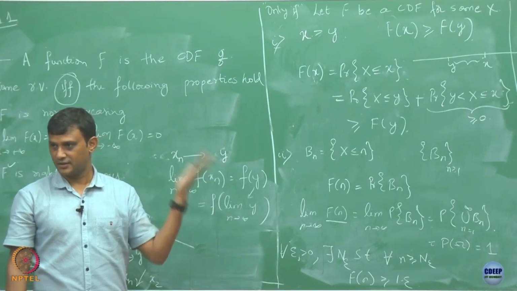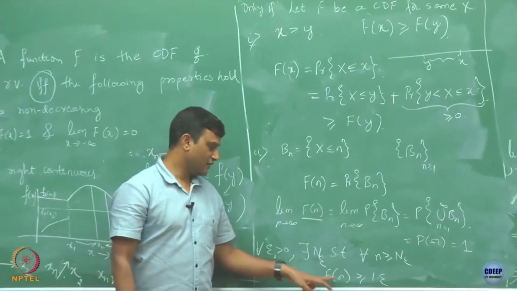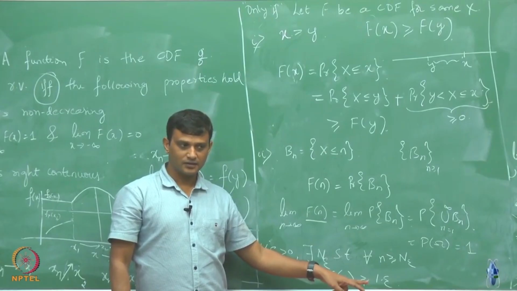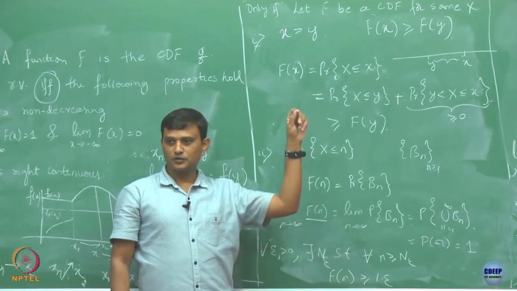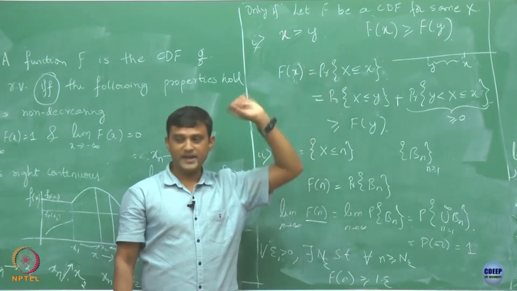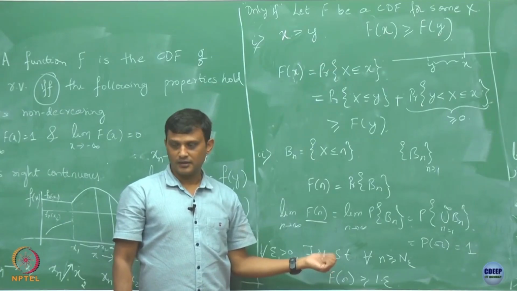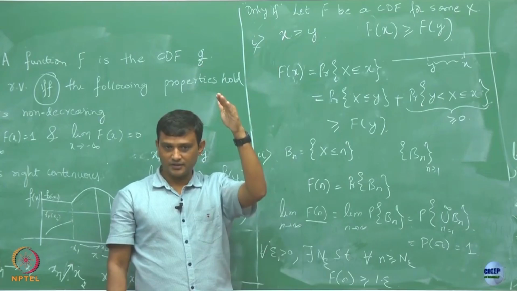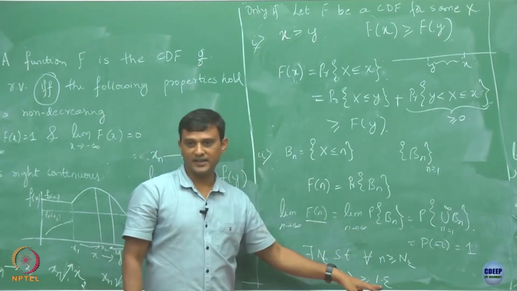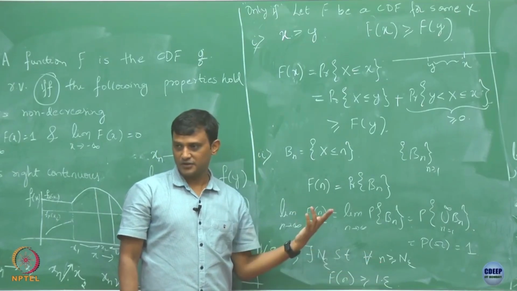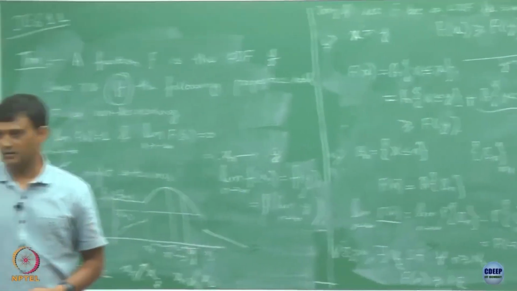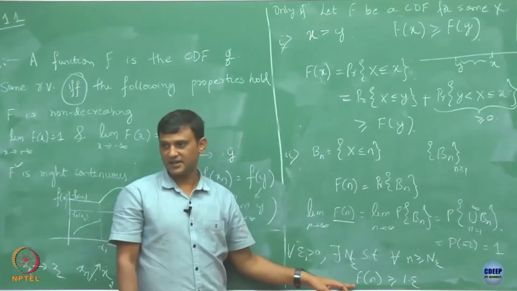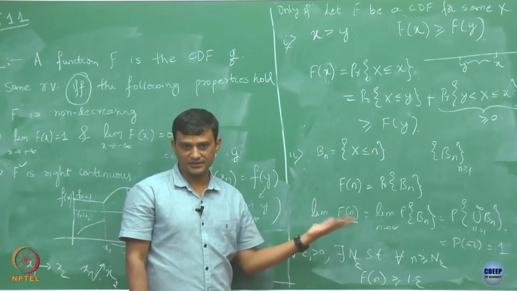You take n sufficiently large, then F of n is going to be close to 1. Now look at all the points beyond this n, and my function is non-decreasing, so all the points above this n should also be greater than 1 minus epsilon. You can convince yourself that this is indeed true even if I replace n by x, any real number.